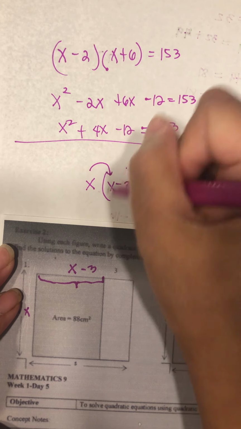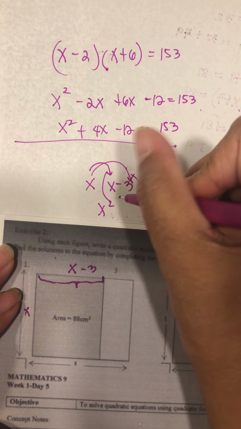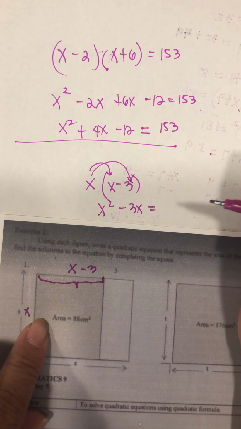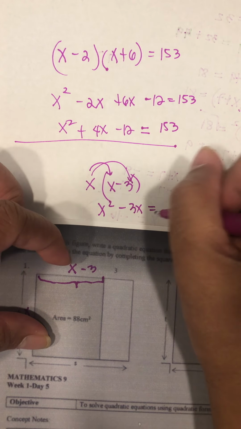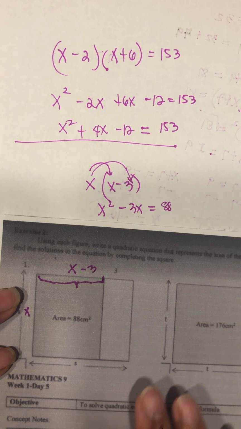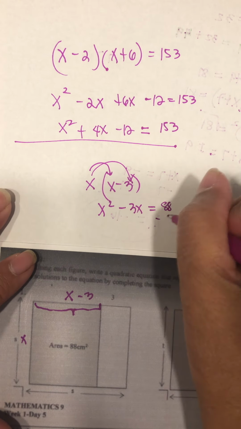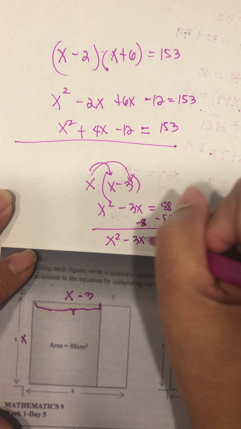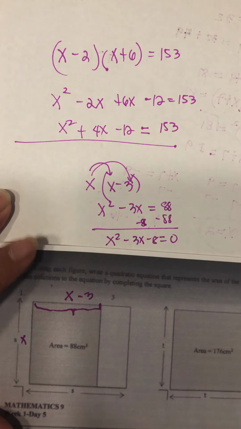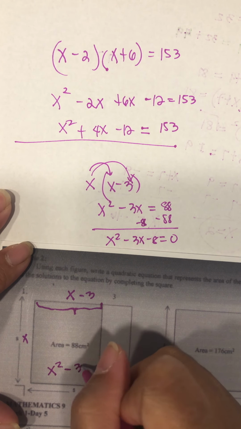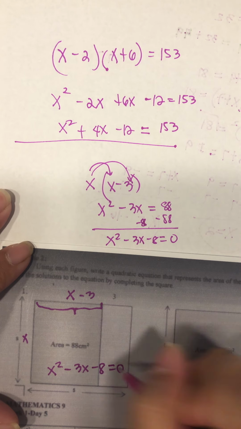So X squared minus 3X is equal to whatever is the area. What is the area? 88. So this is the quadratic, and if you want it in standard form, minus 88, so x squared minus 3x minus 88 is equal to 0. So the quadratic equation here would be x squared minus 3x minus 88 equals 0.